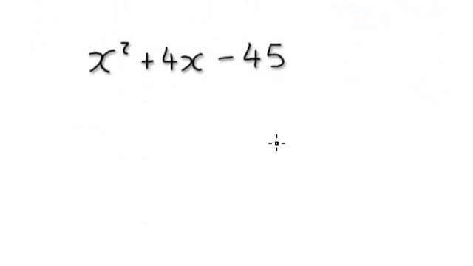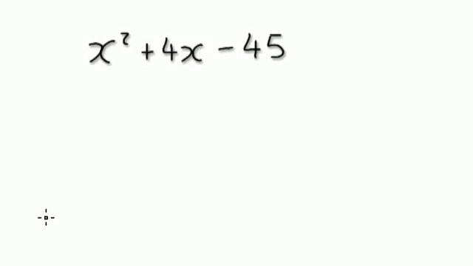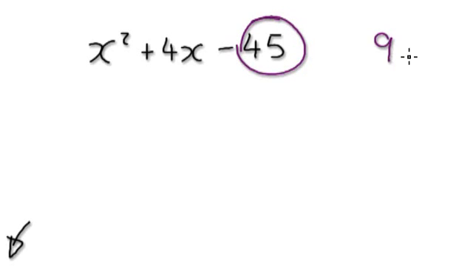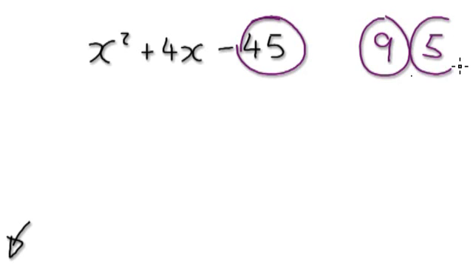Okay, next one. Press pause and have a go. Okay, your eyes should zoom into here. How can you create 45? Maybe a 9 and a 5. 9 times 5 is 45. Can I create a 4 with a 9 and a 5?